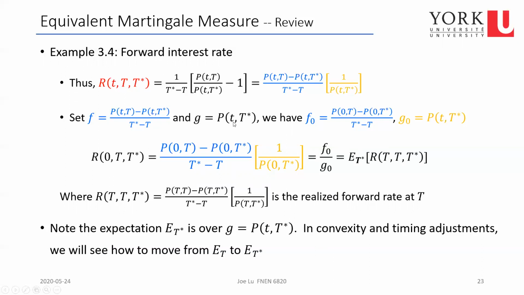We can have what is being used as a numeraire, and then this ratio, which is a forward rate, is an expected value of the realized one, and it's a martingale. So review example 3.4. That will help you understand the BGM model.